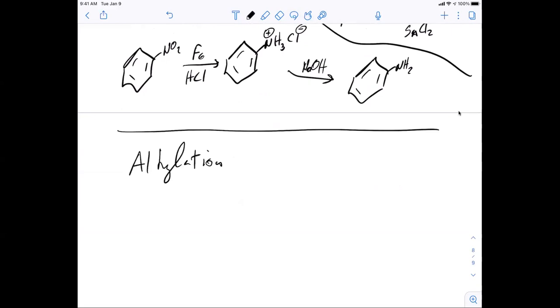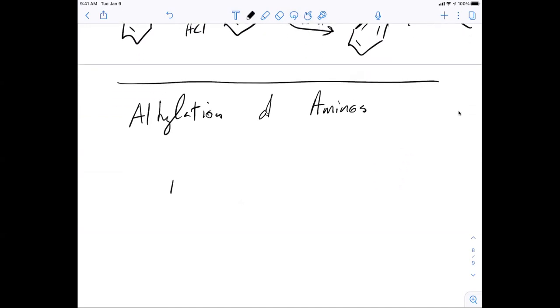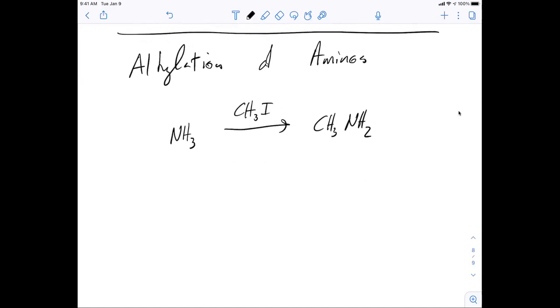Okay, alkylation of amines. It is possible to alkylate amines. You know, these are good nucleophiles.